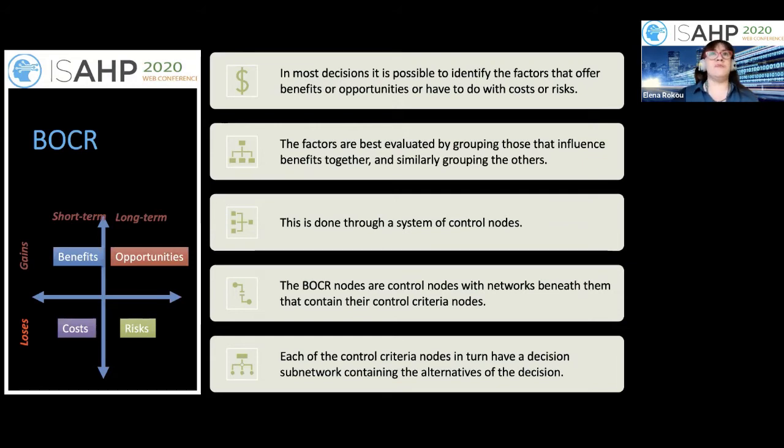So although you have probably seen before AHP and ANP models, the BOCR is really a way of combining different models, analyzing using multiple networks. Each of the control criteria nodes in turn will have a decision subnetwork containing the real alternatives of the decision, but we'll see a little bit more about that in a second.